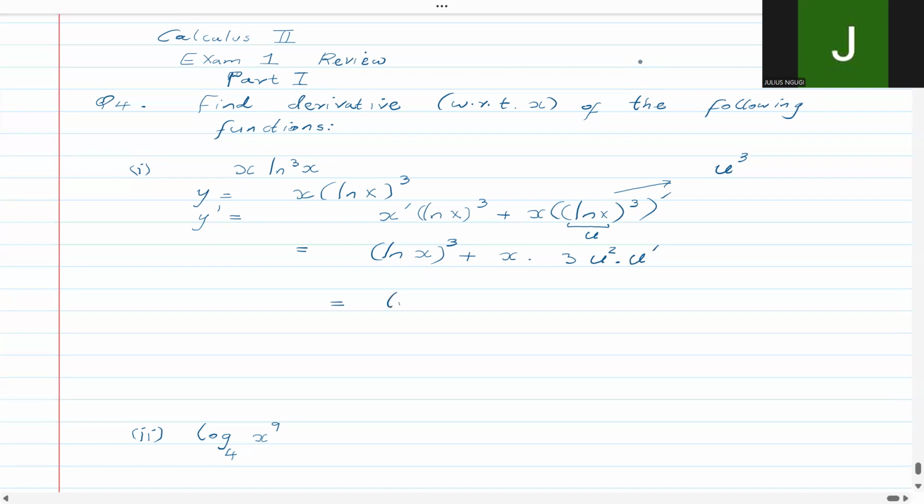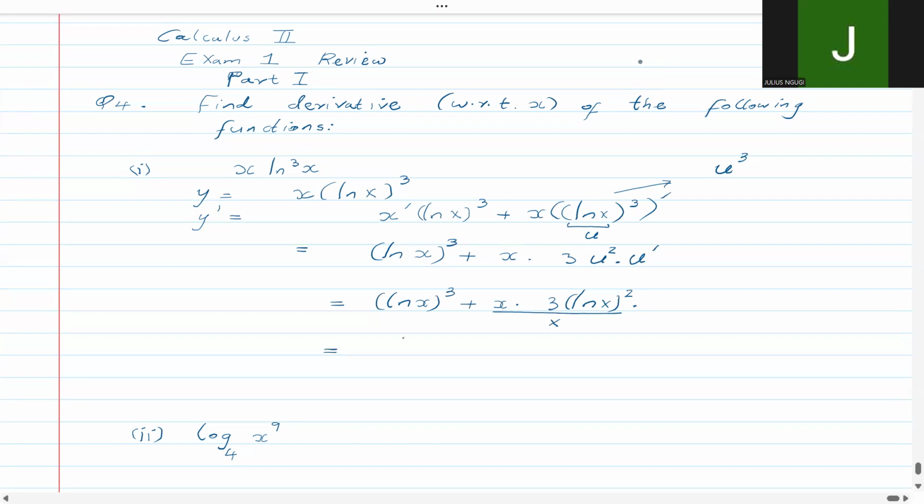So this one becomes (ln x)³ plus x multiplied by 3 u, which is natural log of x, but now squared. Then you multiply by the derivative of u, the derivative of natural log of x, that is 1 over x. So you divide all this part by x.